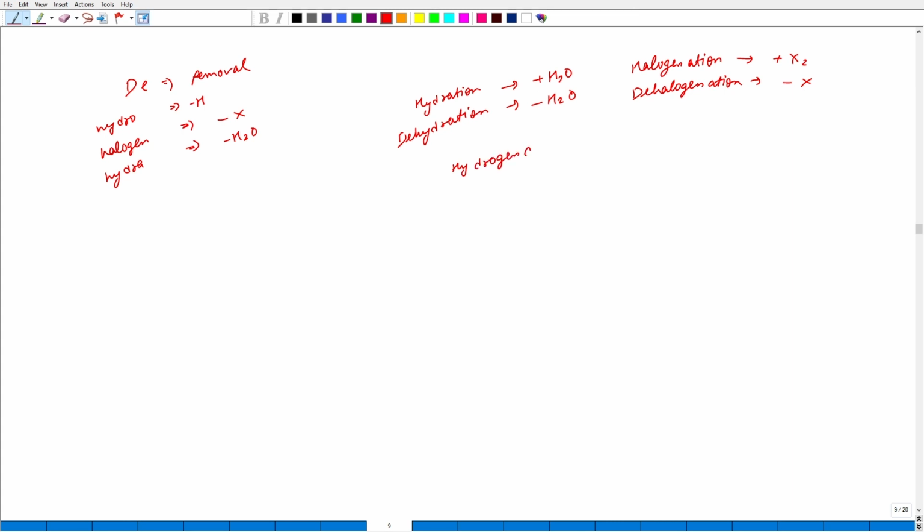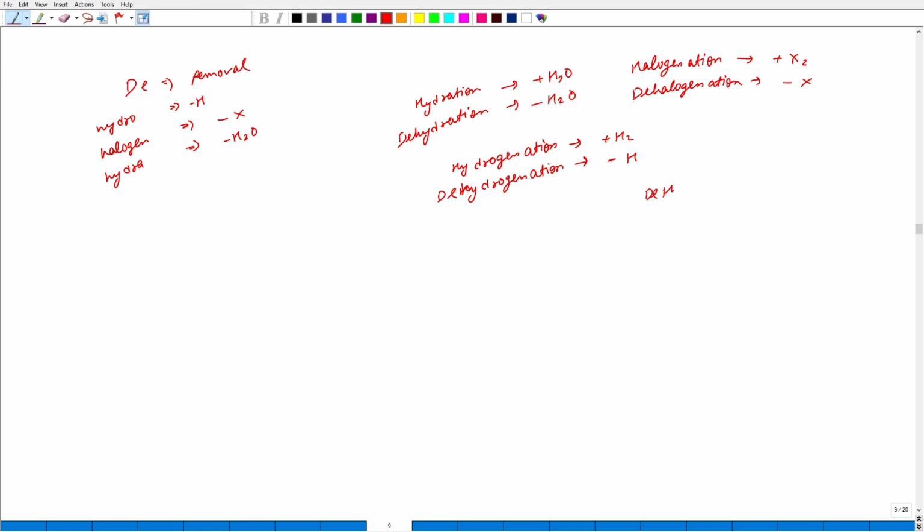Hydrogenation, we have done examples of this. Hydrogenation I have discussed for alkenes to alkanes, alkynes to alkanes. Hydrogenation is the addition of hydrogen, and dehydrogenation is removal of hydrogen. Okay. There can also be a combination of hydrogen and halogen.